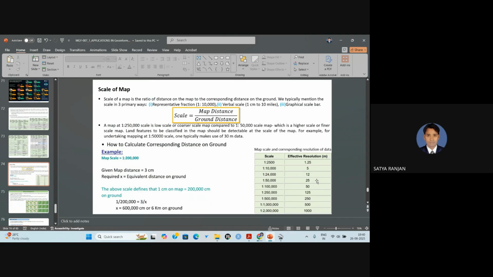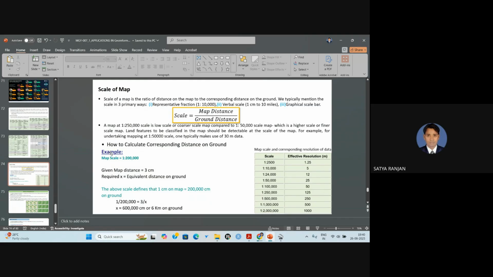So in Sentinel 2 data, which is 10-meter resolution, we can map land use land cover up to 1 is to 24,000 or 25,000 scales, but we cannot identify at 1 is to 10,000 scale. So based on the resolutions, we can classify different scales of map.